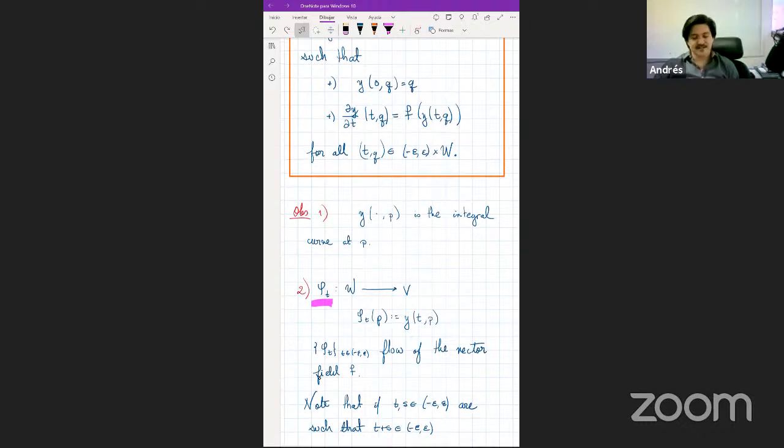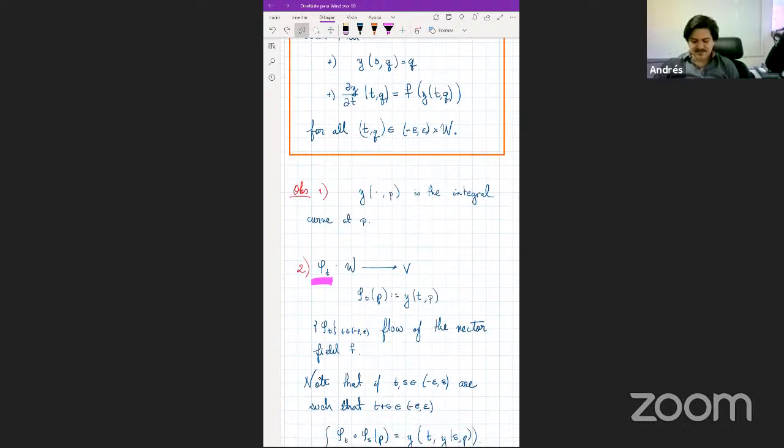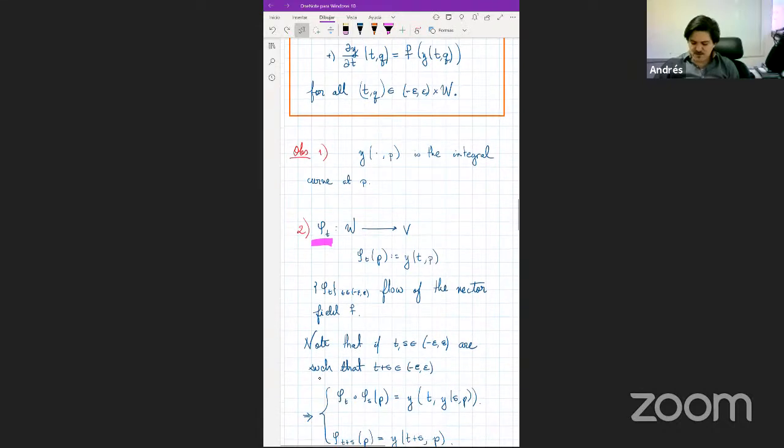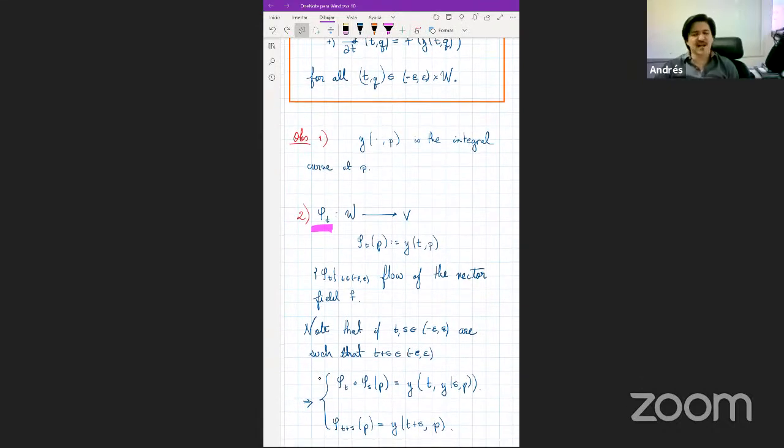So let's take, I want to do this. We have to be a little bit careful here. P and S have to be on the interval. P has to be in W, and also this one has to be in W in order for all of this to make sense.